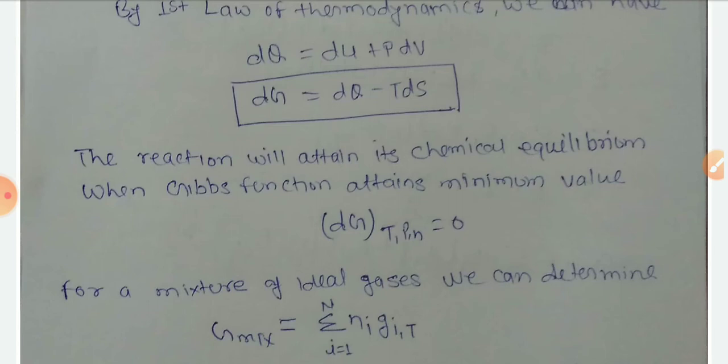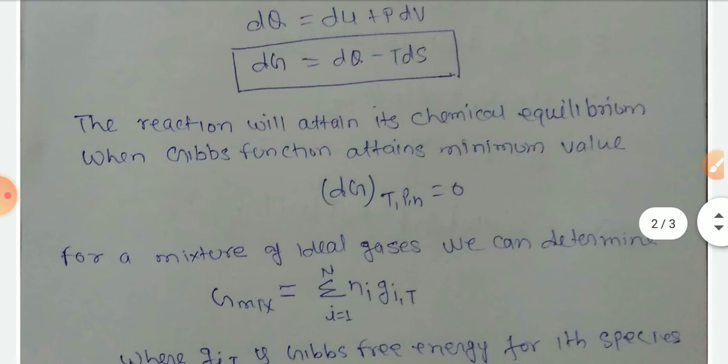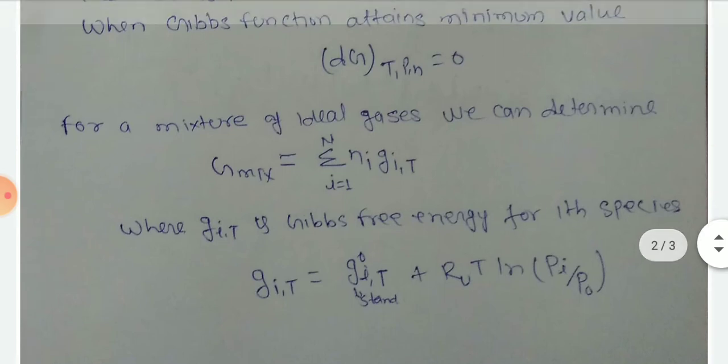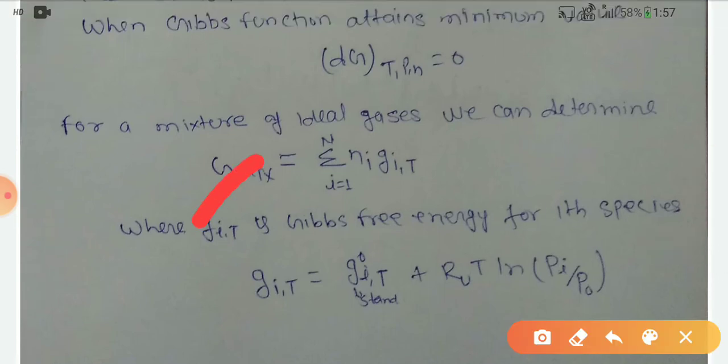For a mixture of ideal gases, we can determine G max equal to the summation of Ni Gi at constant temperature, where i equals 1 up to N. Here Gi is the Gibbs free energy of the species at constant temperature.